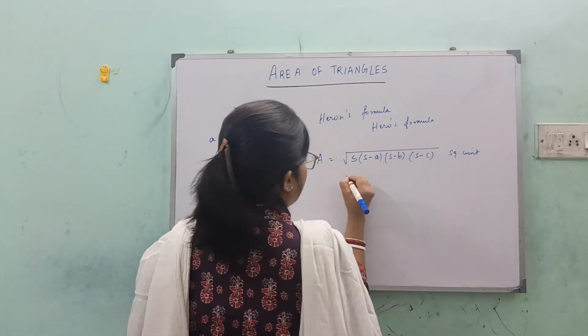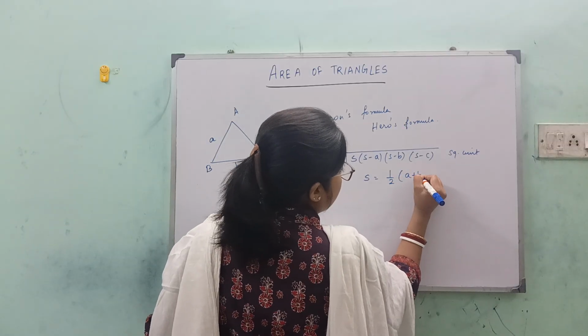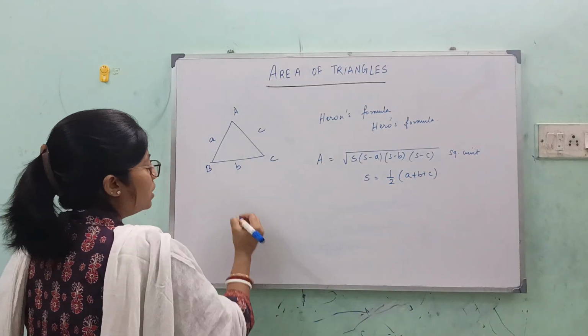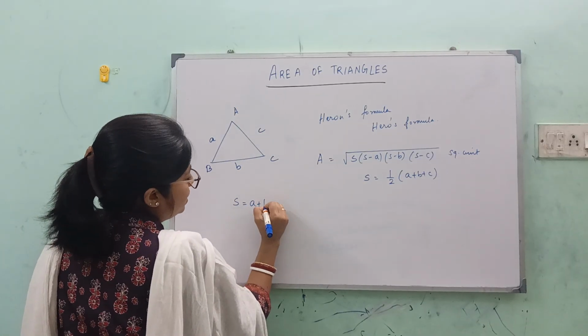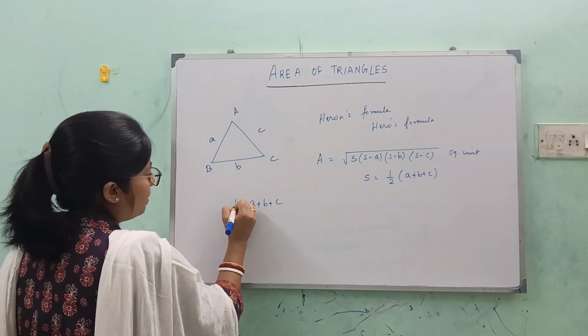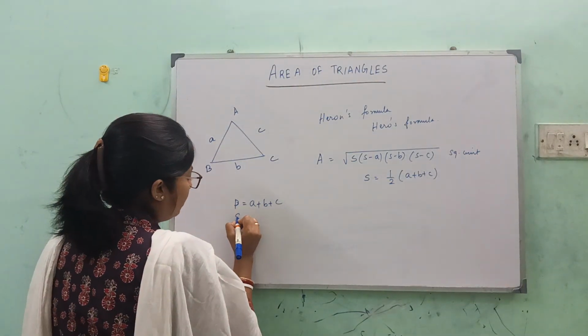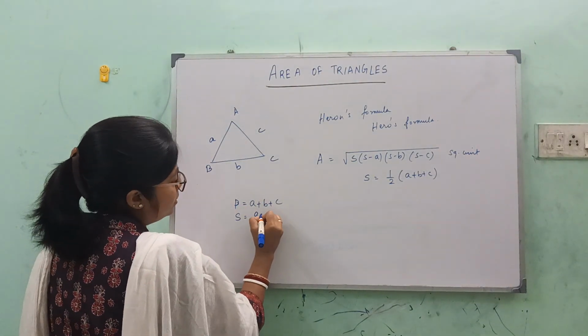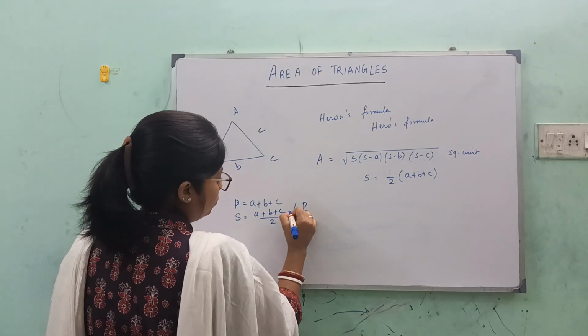Now what is this S? Where S is the semi-perimeter, half into A plus B plus C. What is the perimeter of a triangle? Sum of all three sides, A plus B plus C. Semi means half of it. So semi-perimeter means half of the perimeter, that is P by 2.